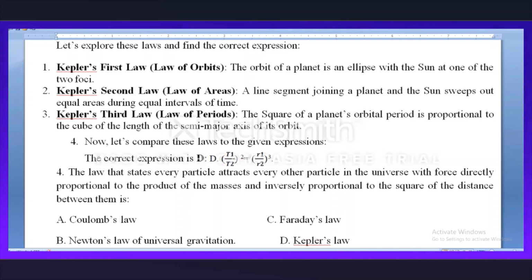Kepler's second law, or law of areas, says that a line segment joining a planet and the sun sweeps out equal areas during equal time intervals. Kepler's third law, or law of periods, says that the square of the planet's orbital period is proportional to the cube of the length of the semi-major axis of its orbit.